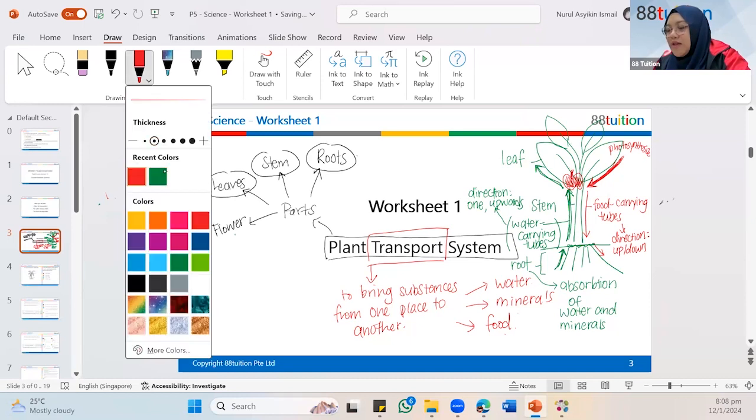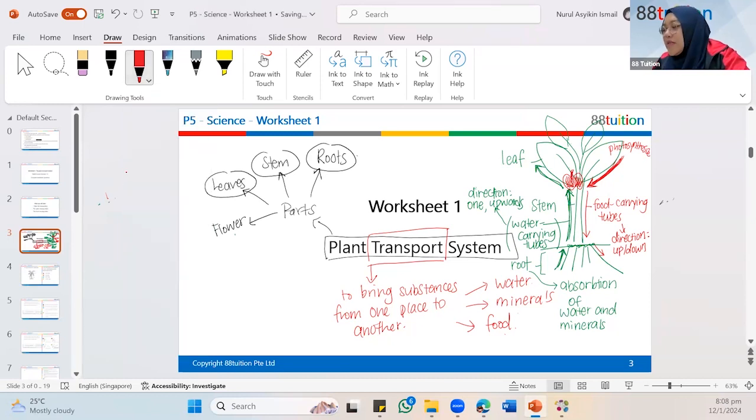So the thing is, for food transport, this leaf here, the one that I'm shading, can it make food? Can, if there is light and suitable conditions for it to make food. Can this leaf make food? Can also. Can this leaf make food? Can also. They are leaves.